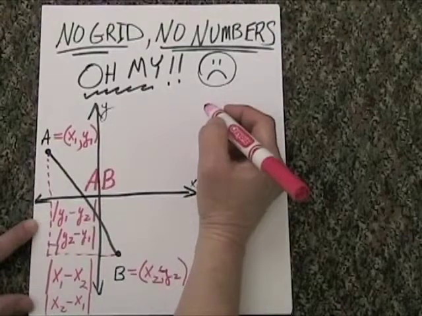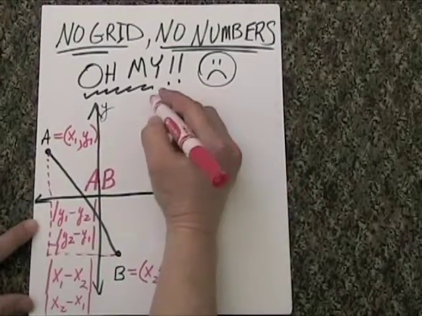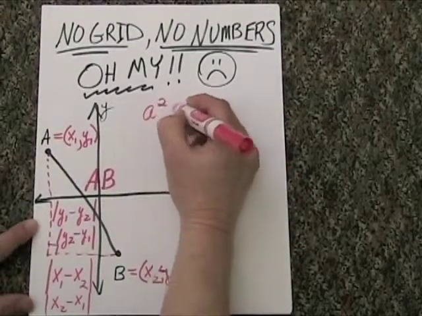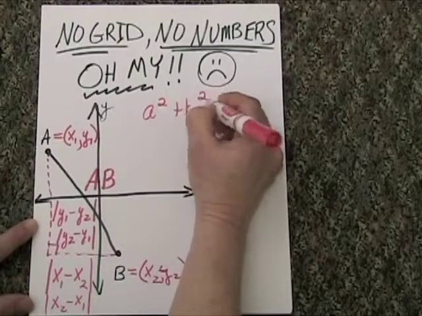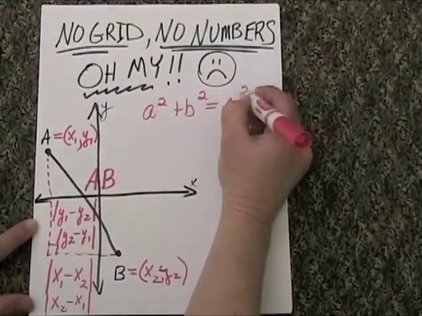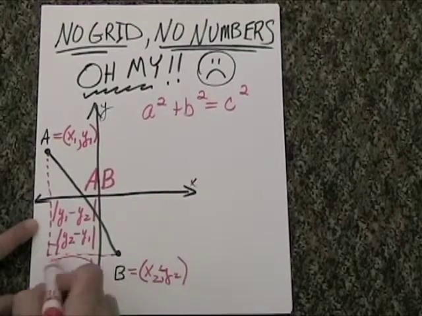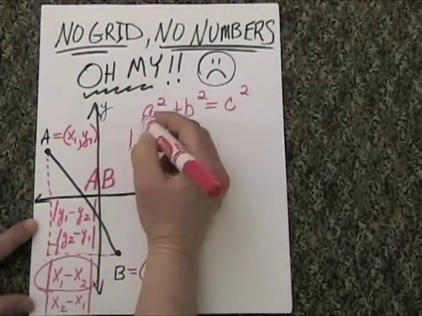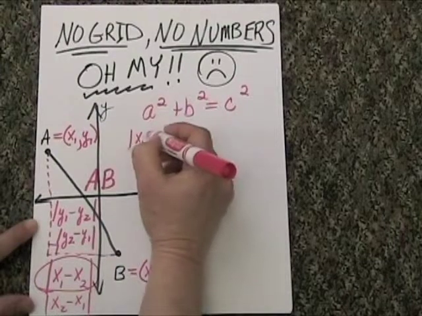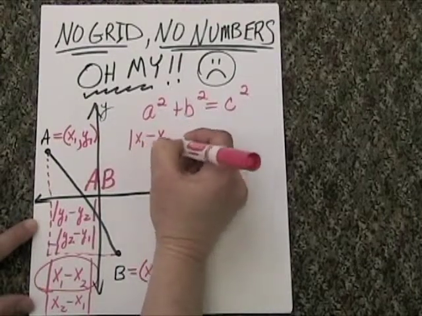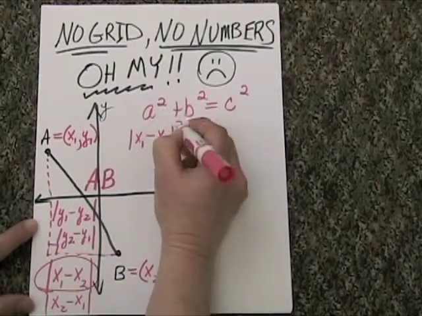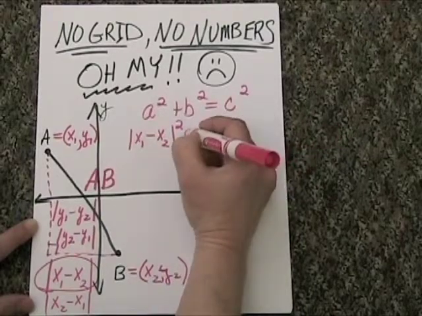Pythagorean theorem says that a squared plus b squared will always be equal to c squared. Well, our a in this case is right here. It's the absolute value of x sub 1 minus x sub 2. So if I square that, that's equivalent to a squared.